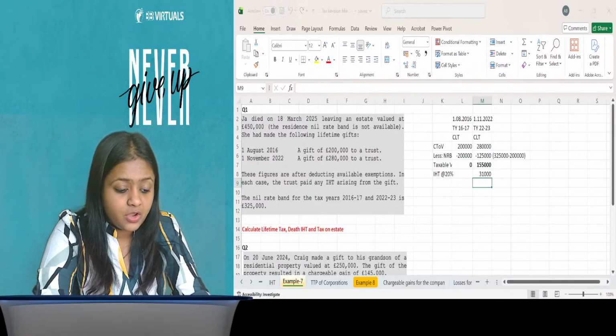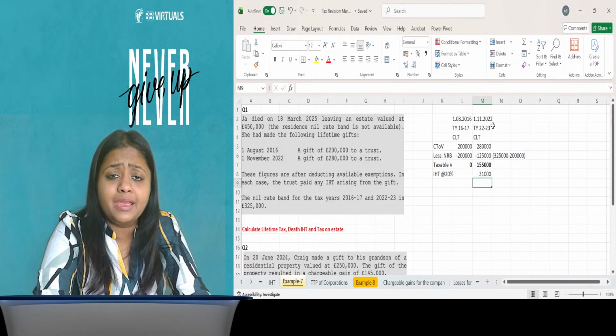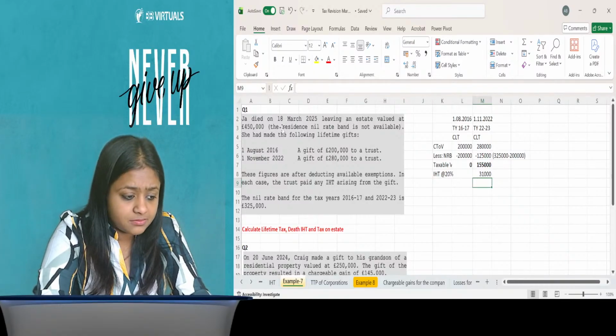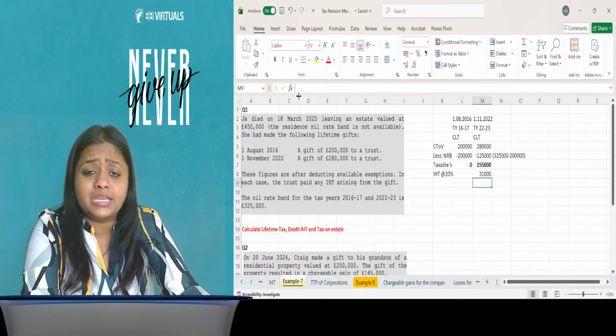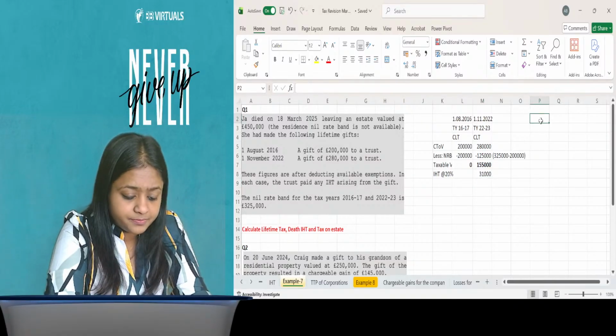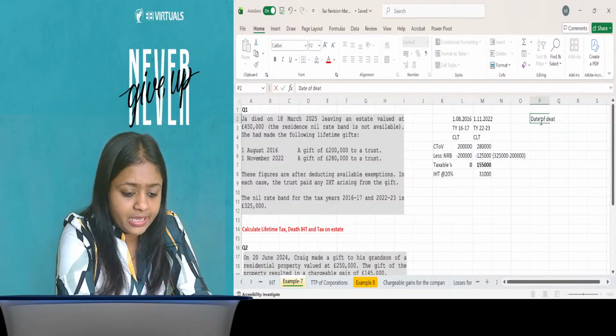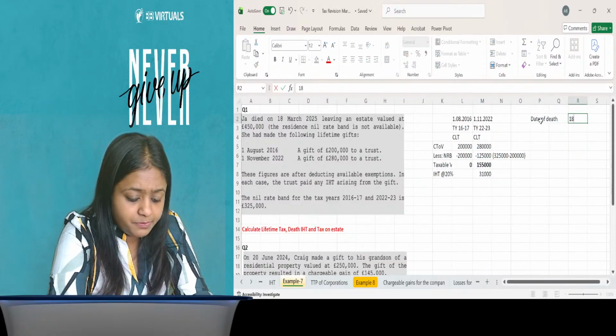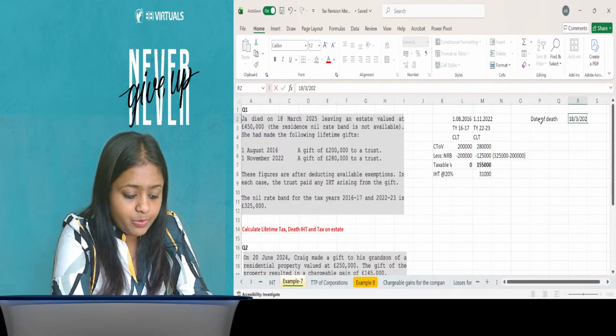Lifetime IHT is done. Now let's do the question on death IHT. How do you calculate death IHT? Simply see what the date of death is. The date of death is 18th March 25. What is the 7-year period? I will write here the date of death, which is 18th March 2025.